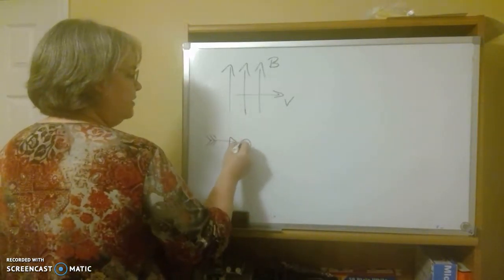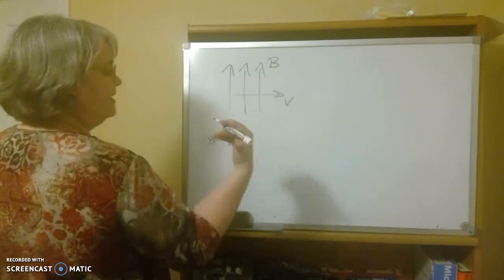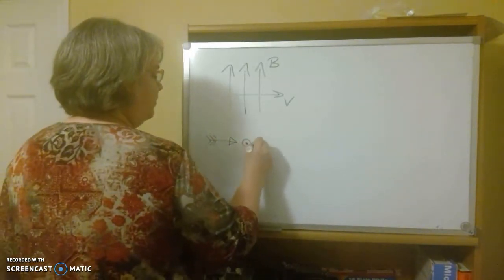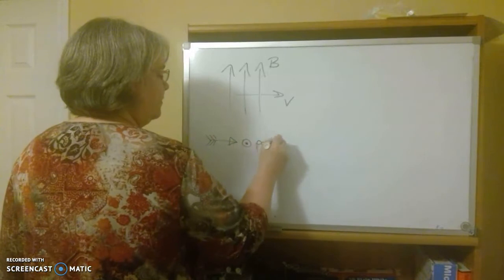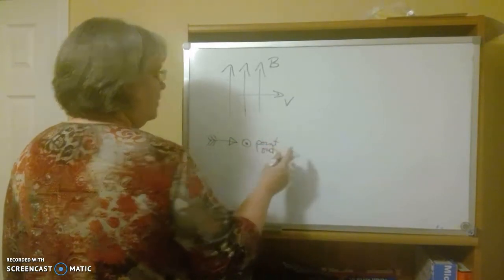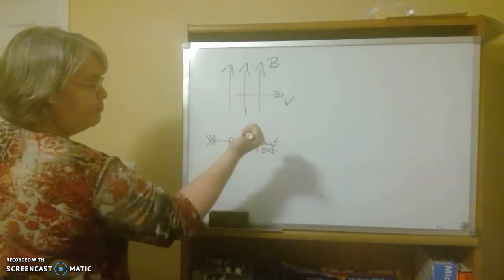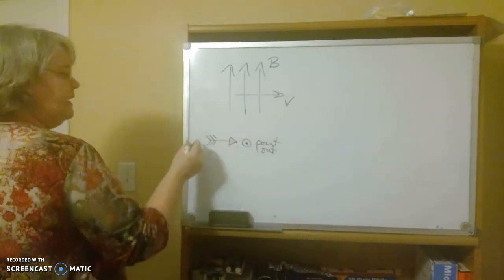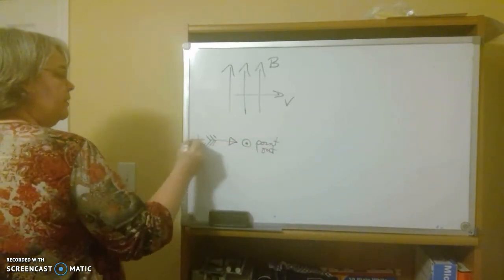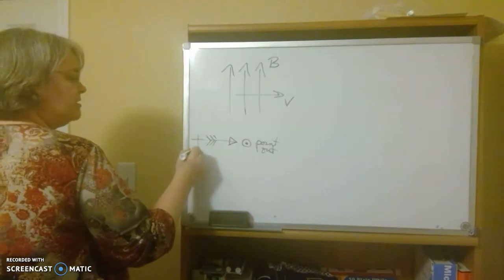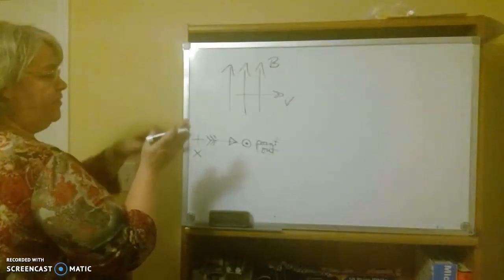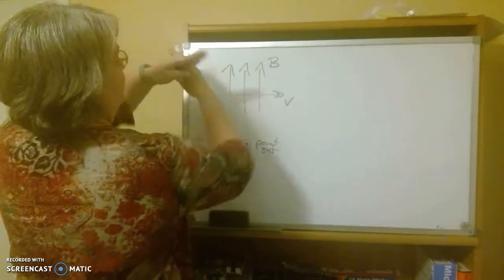So this is pointing out of the surface. You're looking at the point of the arrow. Over here, we see either a plus or a cross, depending on whether the feathers are this way or this way.